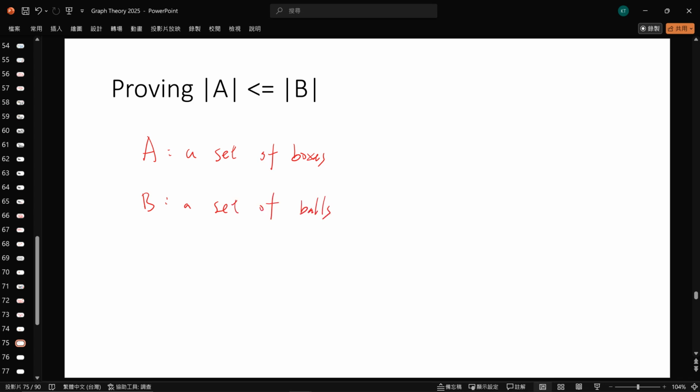I think perhaps I should change it to bins. Usually we use balls and bins. So we can put balls into bins. In this case we want to prove that B is larger than A. So how to do this? All you have to do is to show that for every bin you can put one ball in it.